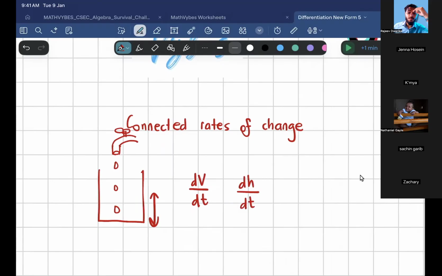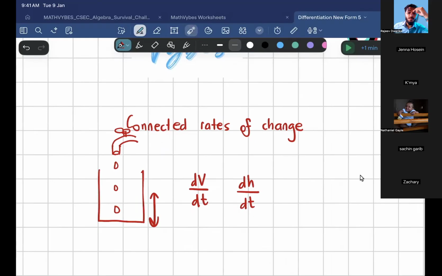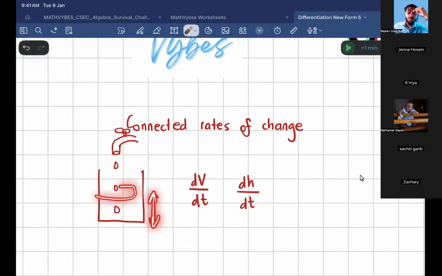I have a question for you guys. When the height changes, what would change as a result? If the height changes, what changes in the cylinder? What does a higher level of water imply?